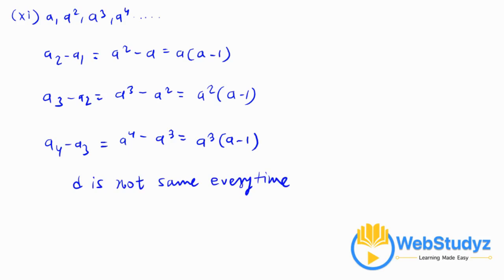So we can say that the given series is not in AP. Move on to the 12th series, that is √2, √8, √18, √32, and so on.